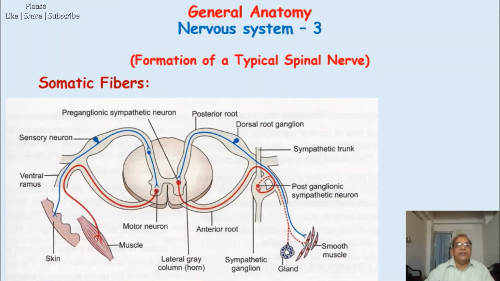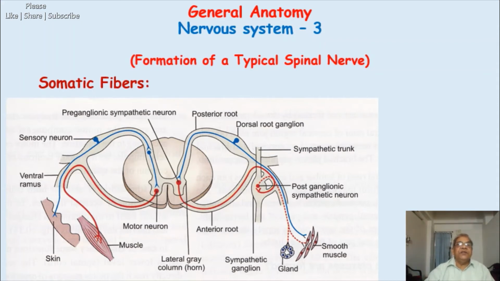There they supply the skeletal muscle fibers. Stimulation of this motor neuron will ultimately lead to the contraction of the skeletal muscle. This is the motor, or efferent, component of the spinal nerve.